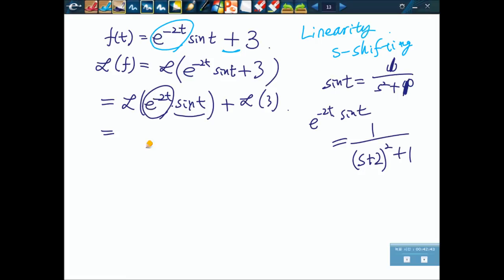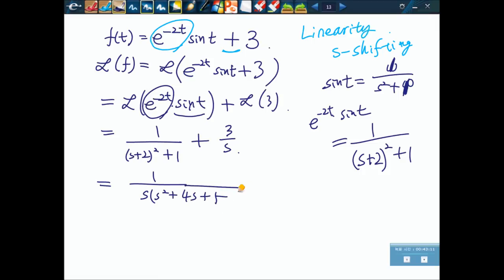So this becomes 1 over (S plus 2) squared plus 1, plus 3 times the primitive form 1, which is 1 over S, so 3 over S. And you do this calculation. At the end, it's (3S squared plus 13S plus 15) over S times (S squared plus 4S plus 5), in S domain. That's how you do it.